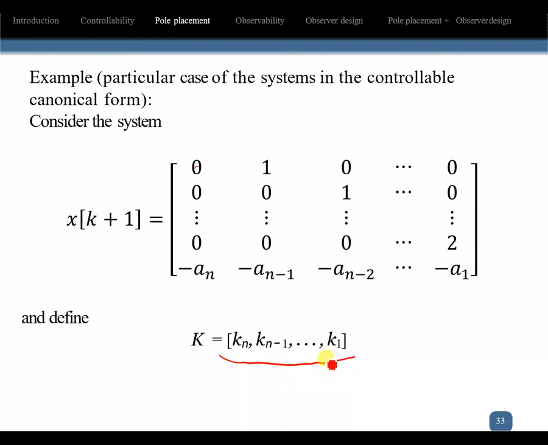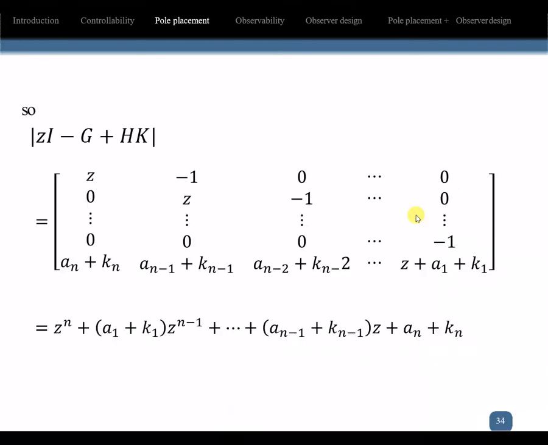I want to see how I can find K. First of all, I find the determinant of zI minus J plus HK, and this determinant you will find as z^n plus (a1 plus k1) z^(n minus 1), and if you continue you will find k_n. This is the determinant of this matrix.